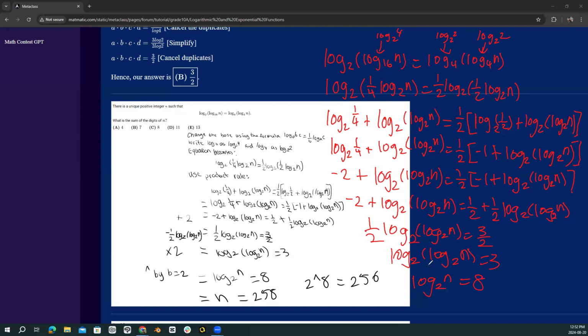So now our equation is log base 2 of n is equal to 8. And that means that n is equal to 256, because 2 to the power of 8 is 256.